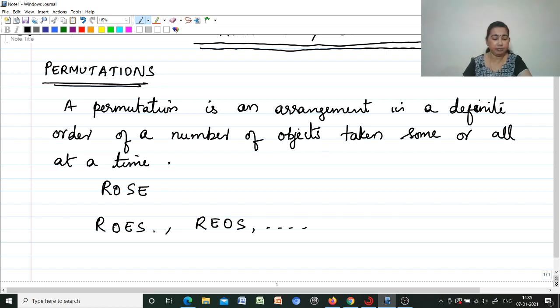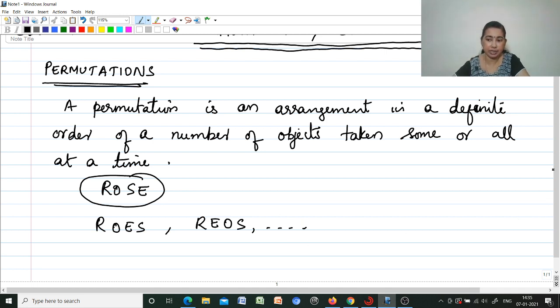So each arrangement is a permutation of 4-letter words taken all at a time. These are all different permutations, with all 4 letters taken at the same time. So all the 4 letters are taken and we are writing different arrangements, different permutations of 4-letter words, 4 letters taken all at a time.